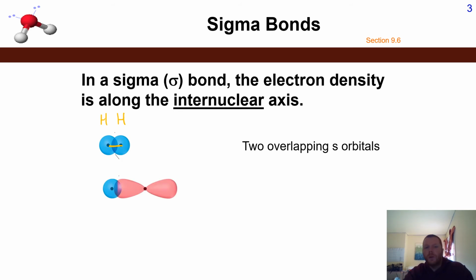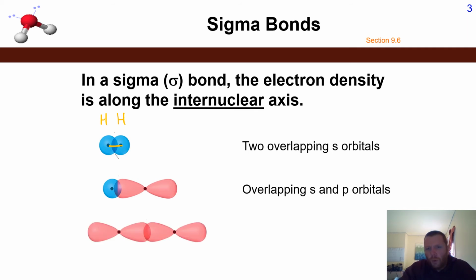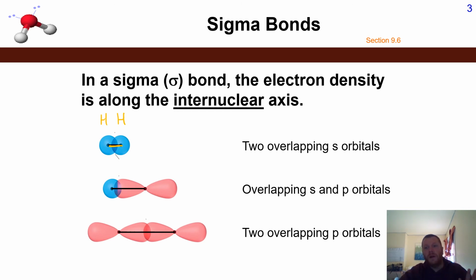Okay, now if we look at something like this, this is the overlap of an s and a p orbital. If we look at something like this, this is the overlapping of p orbitals. Okay, so that's two overlapping p orbitals. Now, what gets fairly complicated is when we are looking at the sigma bonds and trying to define what those electrons are.